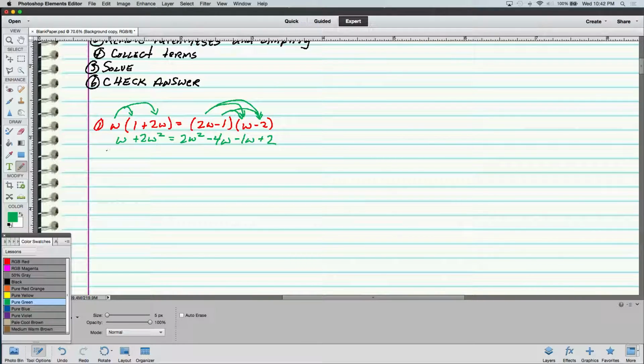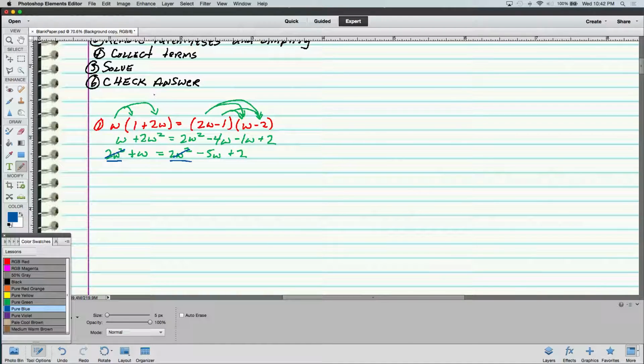So we're just going to switch these two. 2w squared plus w equals, there's no w squareds to combine on the right side, so we keep 2w squared, minus 4w minus 1w gives us negative 5w, and we're left with positive 2. So now what we have is a positive 2w squared on this side, positive 2w squared on that side. Since they have the same sign, we can cancel them both out.